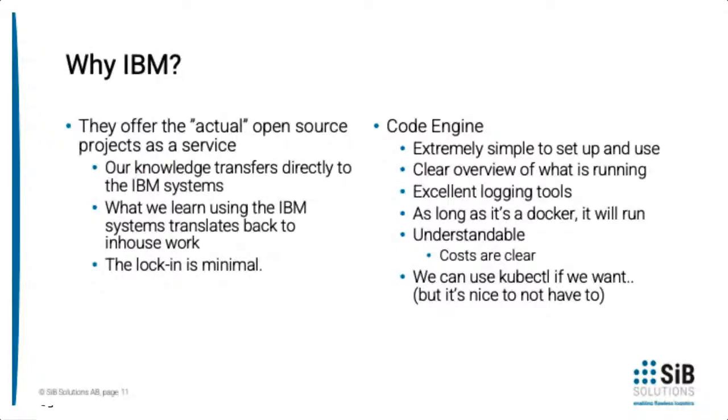They are not emulated in any way. So I'm getting an actual MongoDB, and actual Kafka. The message streams is just Kafka under the hood. I can use the actual Kafka commands and the Kafka Java files to communicate to it, and it works. The same with Code Engine, actually.